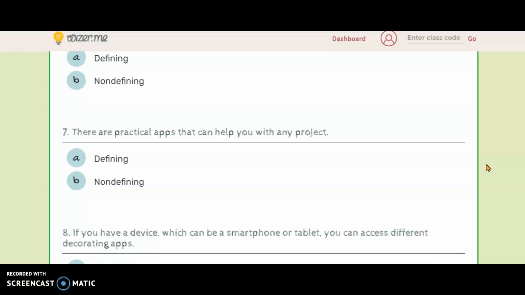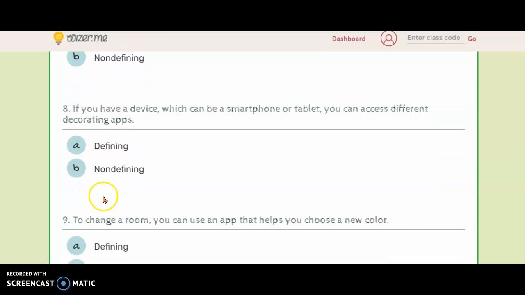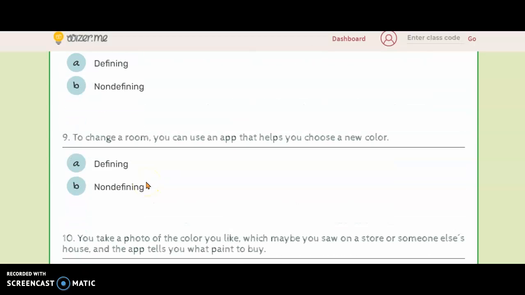Number 7, there are practical apps that can help you with any project. Eight, if you have a device, which can be a smartphone or tablet, you can access different decorating apps. 9, to change your room, you can use an app that helps you choose a new color.